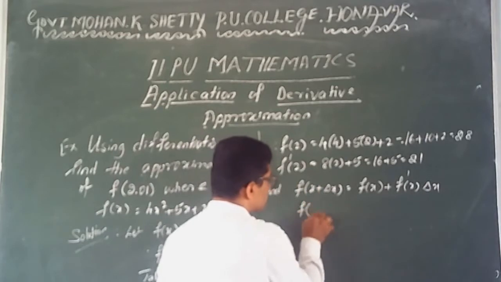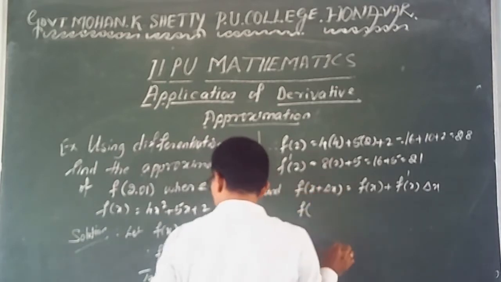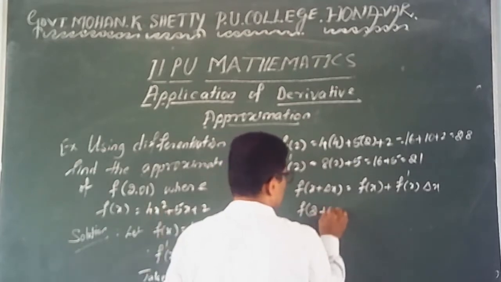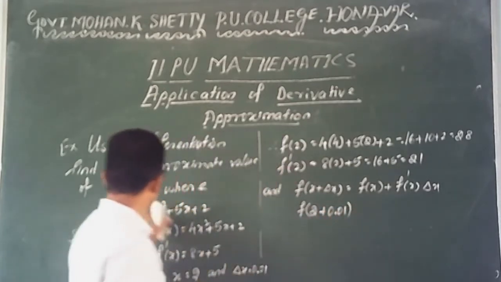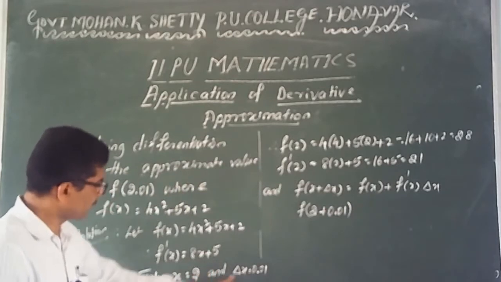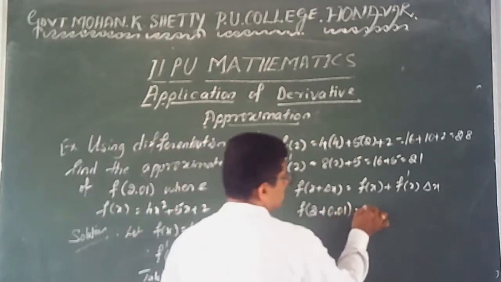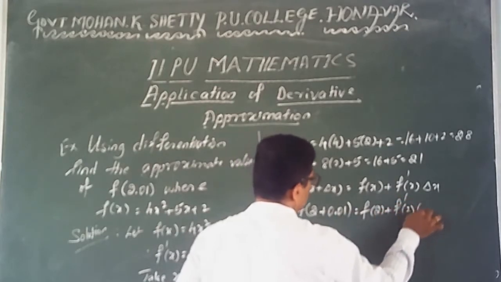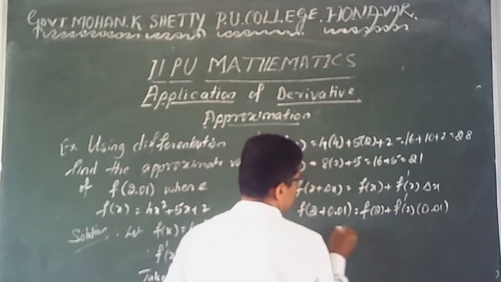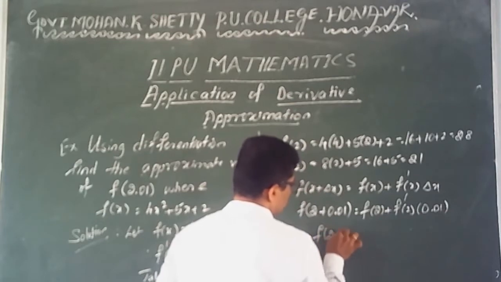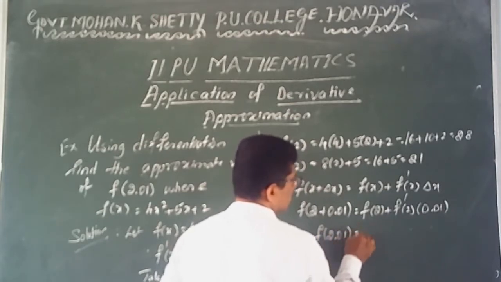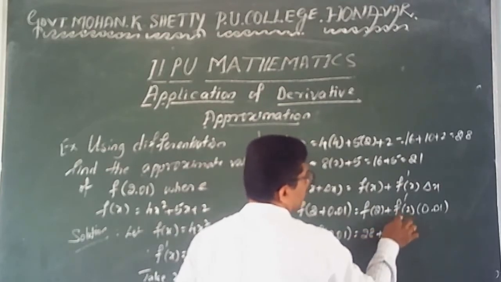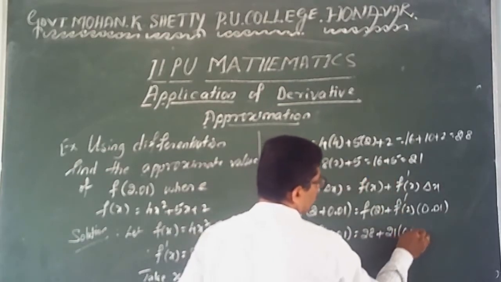Therefore, substitute the values of x and delta x. x is equal to 2, delta x is equal to 0.01. This value is equal to f of 2 plus f dash of 2 into 0.01. So f of 2.01 is equal to f of 2, which is 28, plus 21, which is f dash of 2, into 0.01.